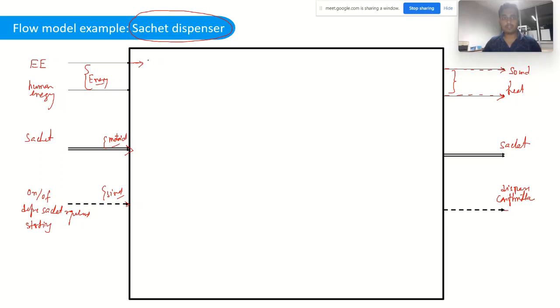So first step down the electrical energy, then convert to DC.